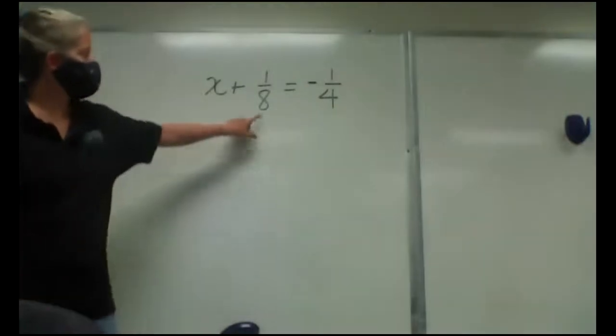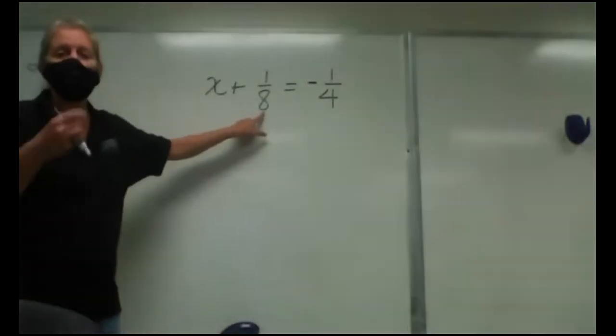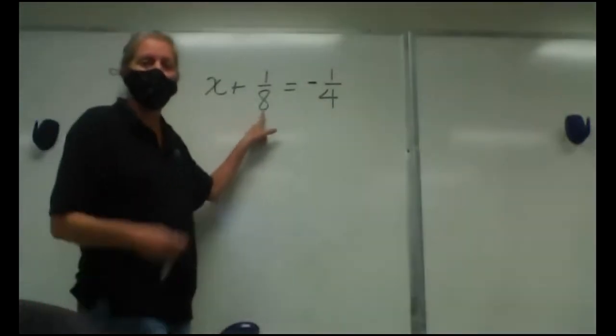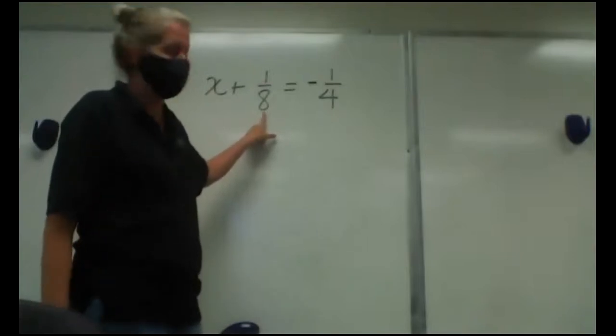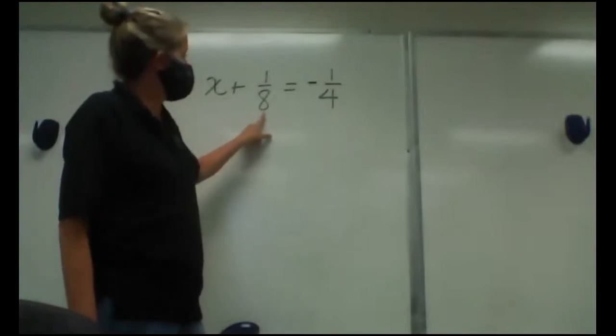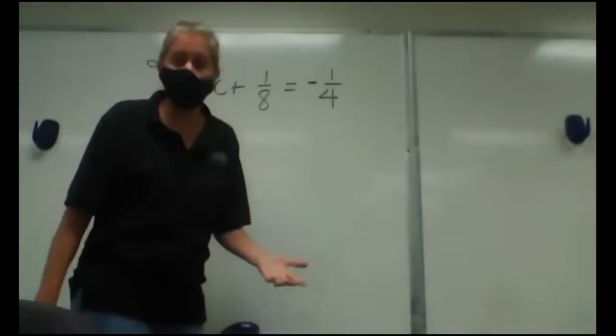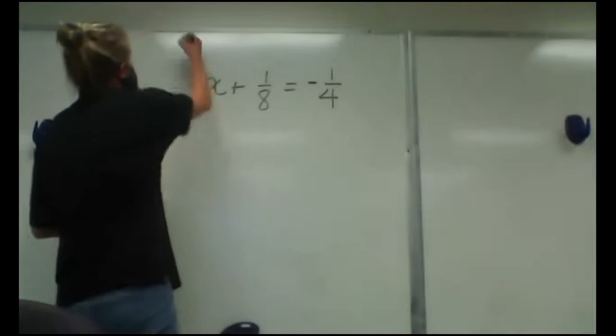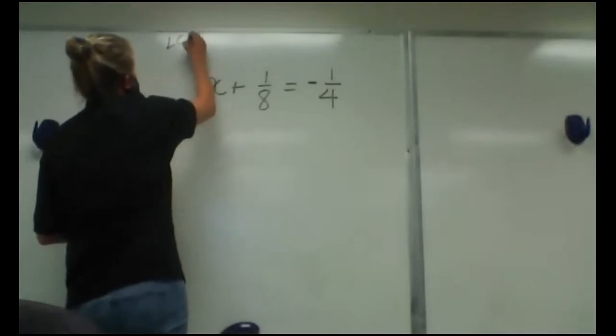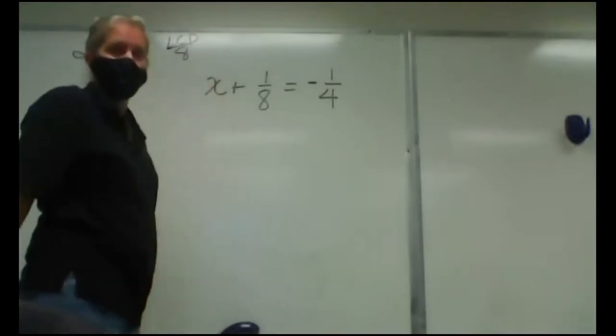The reason I look at the biggest number, this 8, is because I know 8 goes into 8. Everybody goes into themselves. Does 4 also go into 8? It does. So that tells us that the least common denominator of this problem is 8.